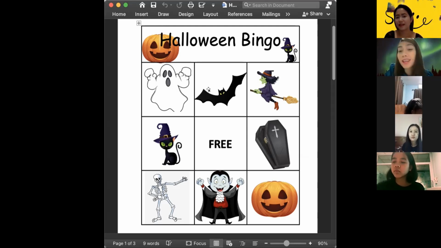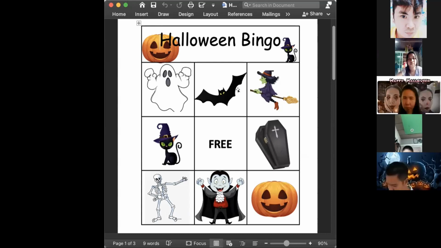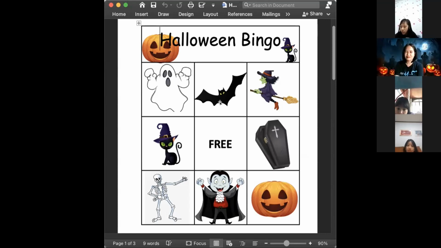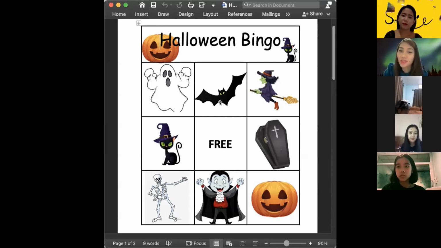Throughout the years, they made the bat a symbol of Halloween because they said that vampires shape shift like a bat. Bats are actually nocturnal. They can see during the night, and they are blinded during the day. Very good.